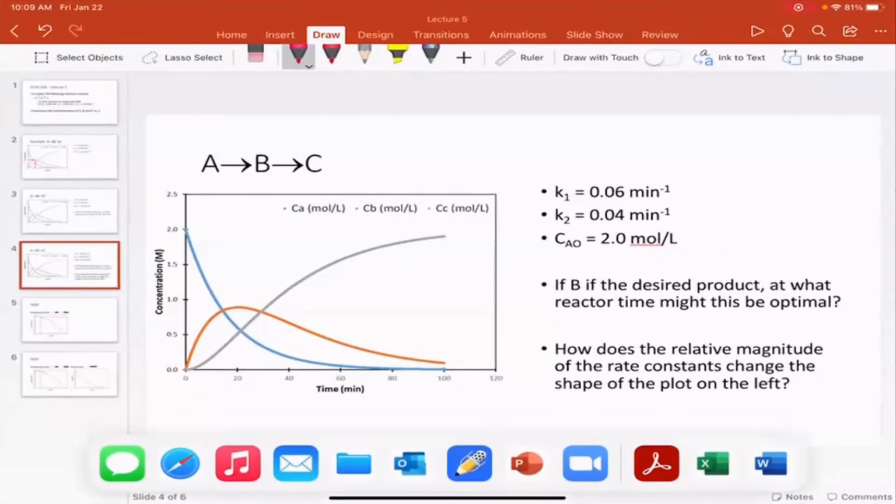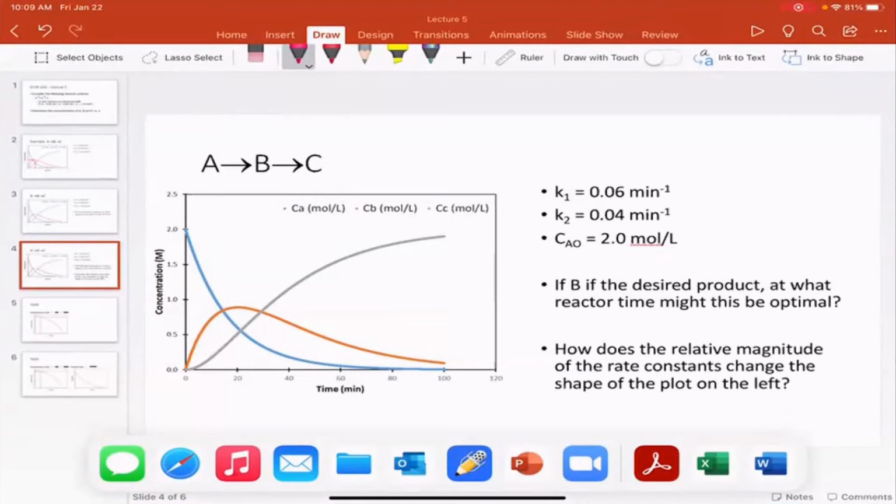Where we know that if we wanted to maximize B, you want the rate of the first reaction to be higher than the rate of the second reaction, okay? So how might we do that? Well, one answer to that might be, let's change the rate constants, right?